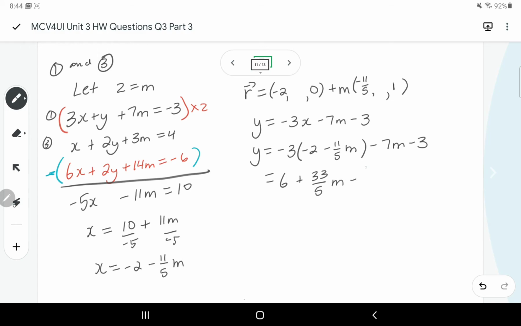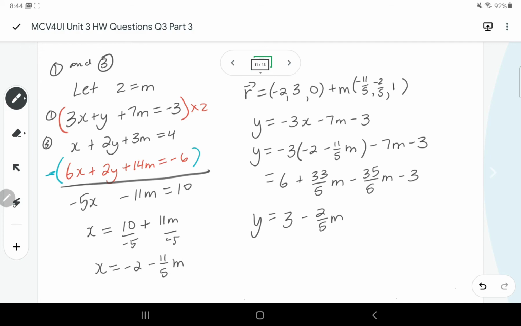I'm going to make that minus 35 over 5m minus 3. So here I get 3 minus 2 over 5m for my y. So the position vector component for y is a 3, and the direction vector is negative 2 over 5.